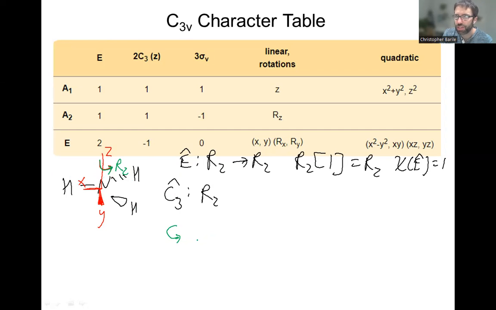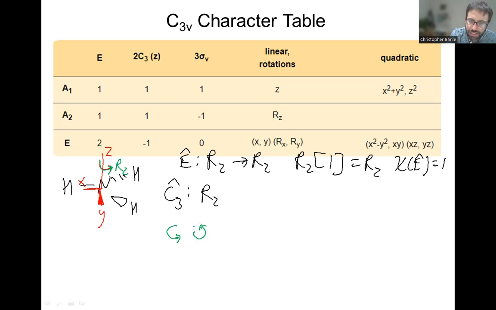Remember, rotation is 360 degrees divided by n, 360 degrees divided by 3 is 120 degrees. We're doing a 120-degree rotation clockwise. So that's just going to take this vector and change its position a little bit. But fundamentally, the tail maybe goes 120 degrees, so it goes over there, and the head maybe goes 120 degrees, so it goes over there.